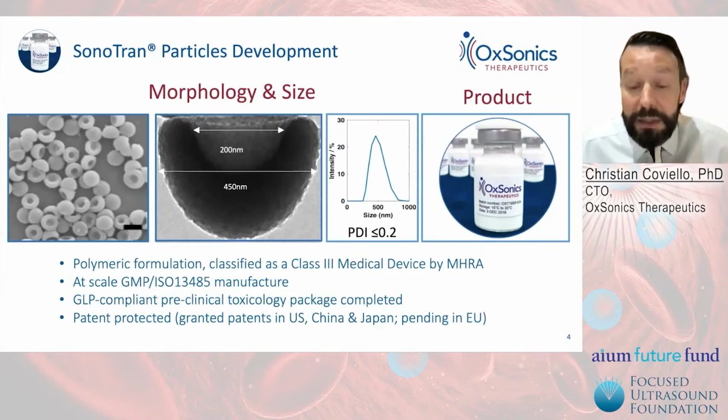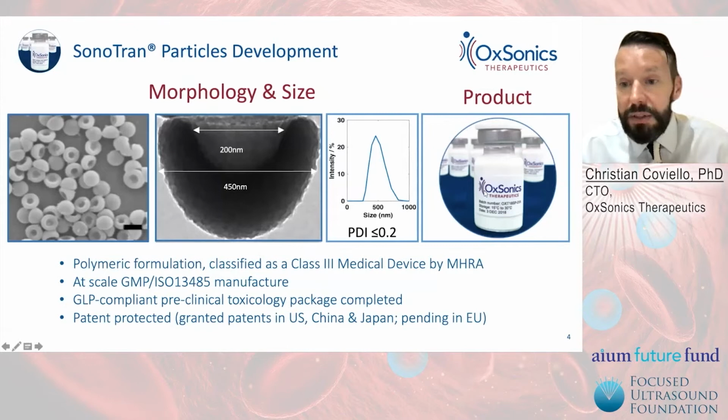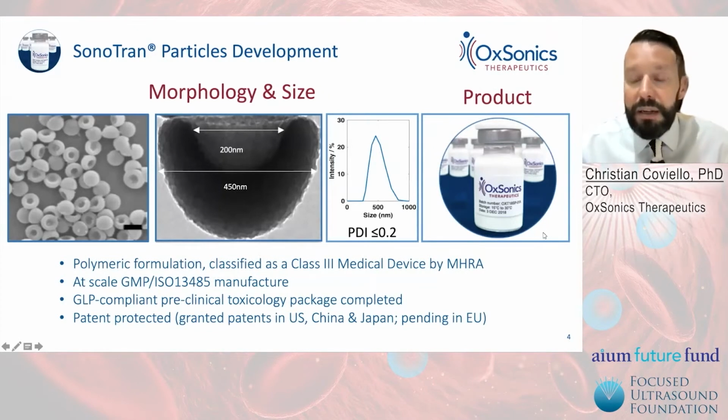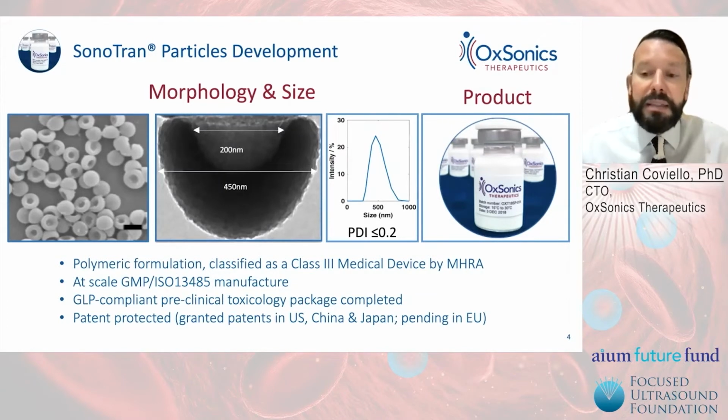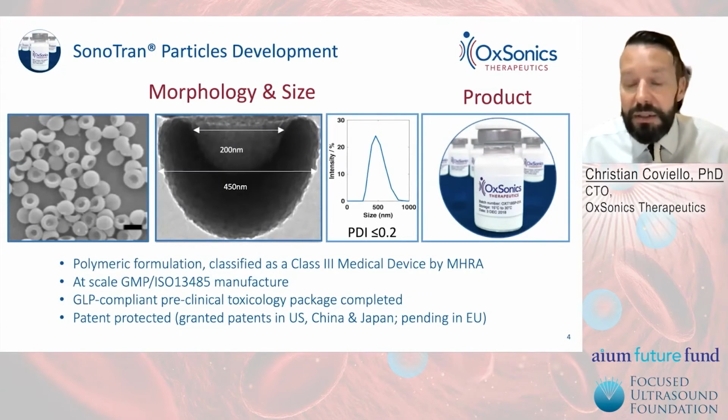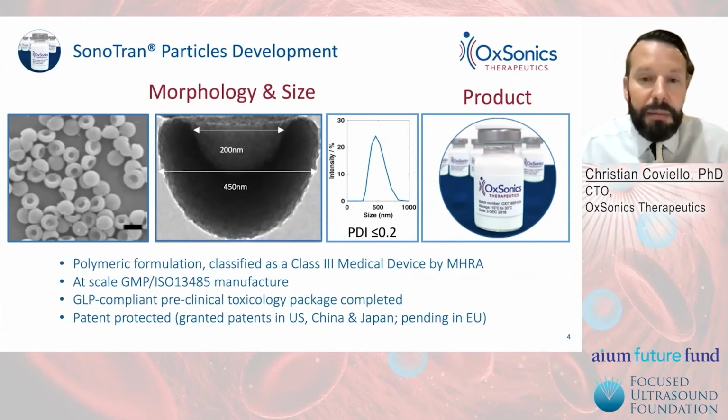They're quite monodispersed. They have a very low polydispersity index. And the product is delivered to the clinical sites, so a pharmacy and a hospital, in a sterilized, sealed vial. That's then compounded into a standard infusion bag, which I'll come back to later.